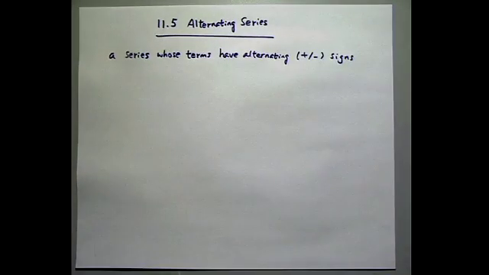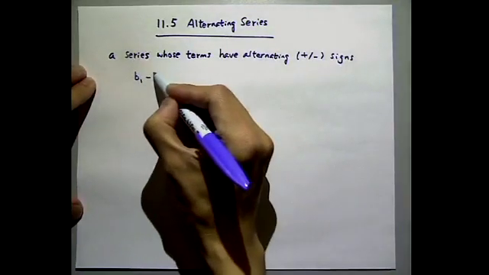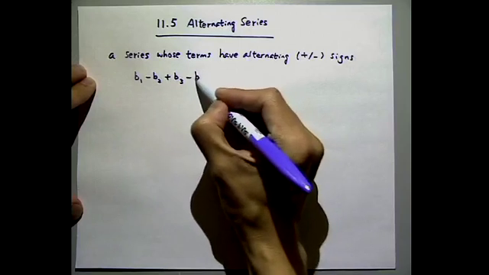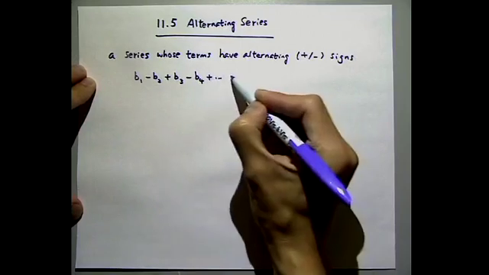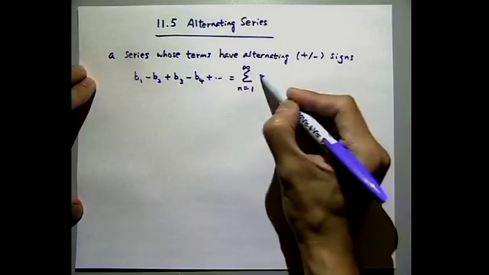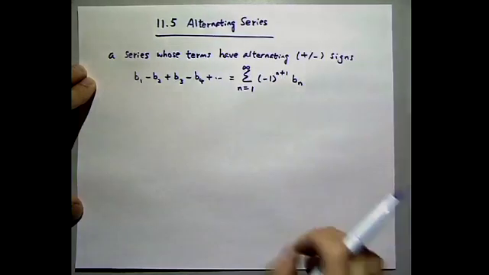So one is plus, the next one's minus, next one's plus, minus, and so on and so on. They look something like this in general.